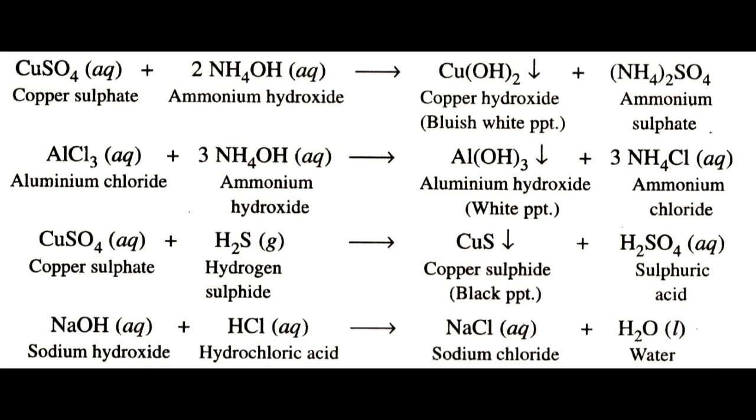In the second example you see aluminium chloride in its aqueous solution reacts with ammonium hydroxide in its aqueous solution to form aluminium hydroxide, a white precipitate, and also ammonium chloride, an aqueous solution.